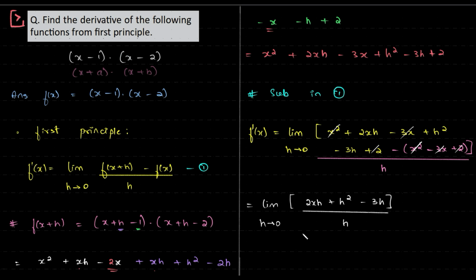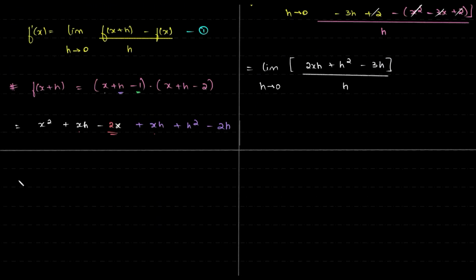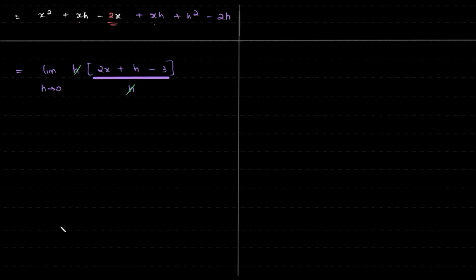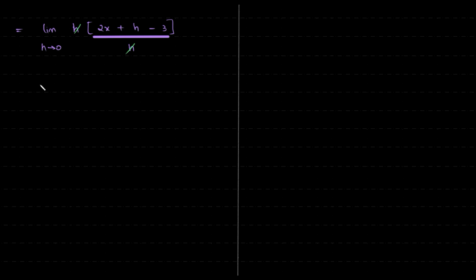And now what do we have common in the numerator? Yes, we have h in the numerator that is common. So we have h times (2x + h − 3), and this entire thing divided by h, right? And finally we have h and h that can get cancelled, and now we will substitute directly.